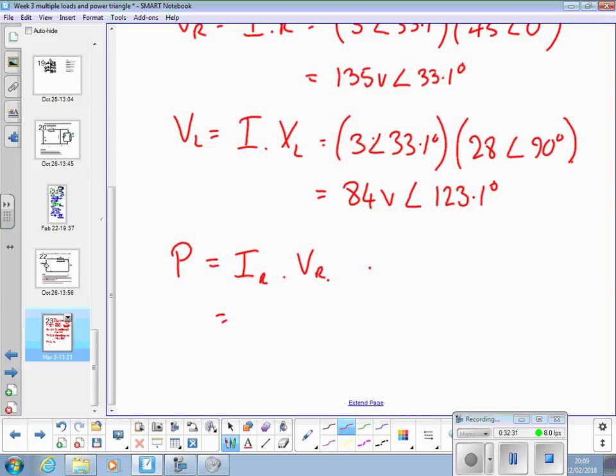So that is 3.33 angle 33.1 degrees times VR, which is 135 angle 33.1 degrees.